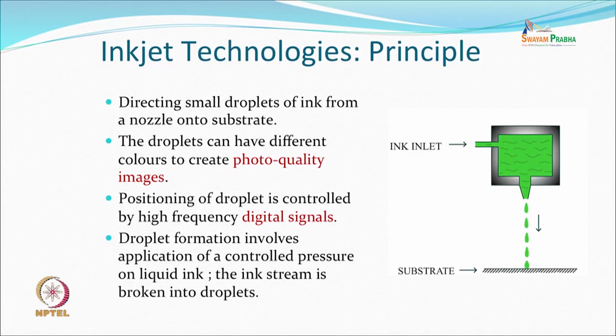So, in principle what you are looking at, you are supposed to create droplets and throw it onto the substrate, which is in our case textiles. So, droplets can have different colors to create photo quality image. Now, the position of the droplet has to be controlled, possibly at a very high frequency, because large number of droplets have to be produced in a very short period of time. So, when we talk about frequency, we are really talking about high frequency.